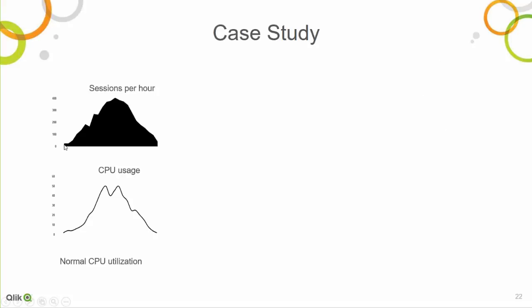We can see that along the time when the user sessions increase, the CPU usage also increases. And when the user sessions drop, the CPU usage drops as well. So it shows the activities from the user sessions are the root impact for the CPU usage. It makes sense, right?